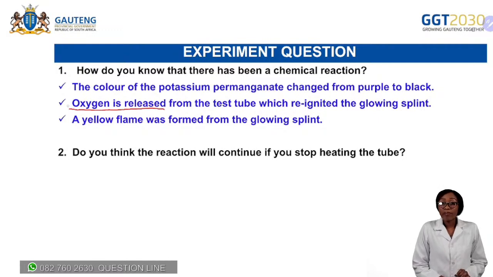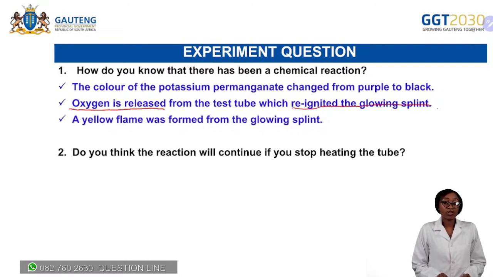Now, remember, one of the reasons why we say there has been a decomposition reaction is breaking down a compound into other compounds or elements that are within that compound.